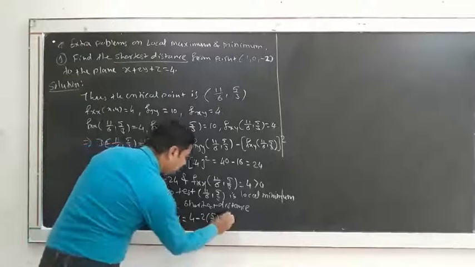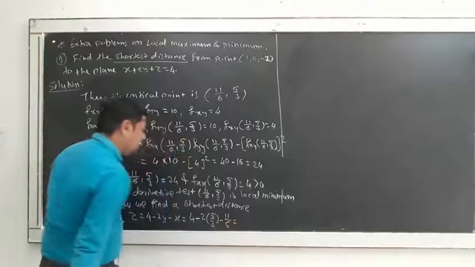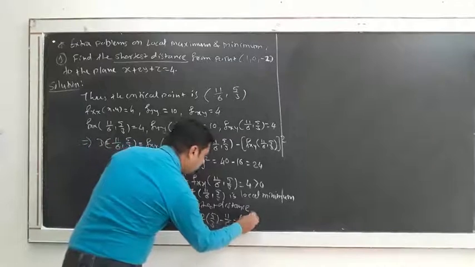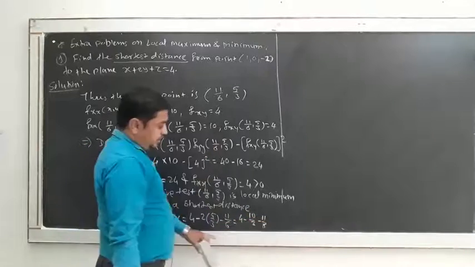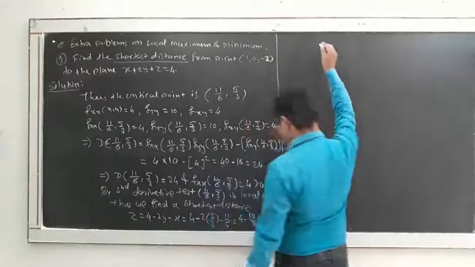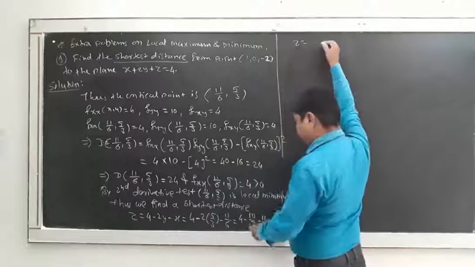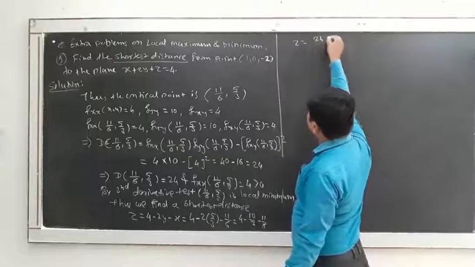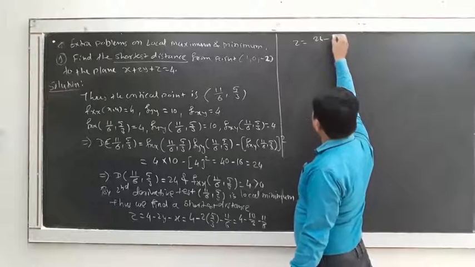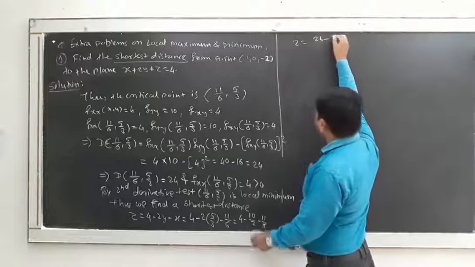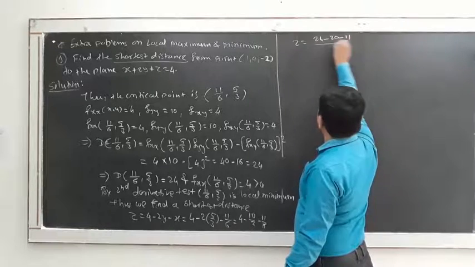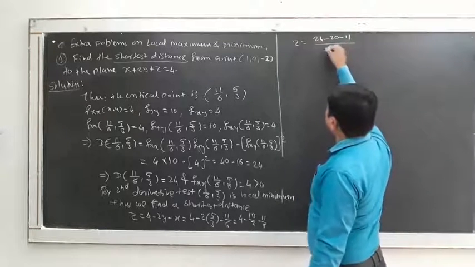X is 11/6, and z is equal to 4 minus 10/3 minus 11. You are getting here what? z is equal to what? Here 6 4s are 24 minus 2s are 20 minus 11 upon 6.